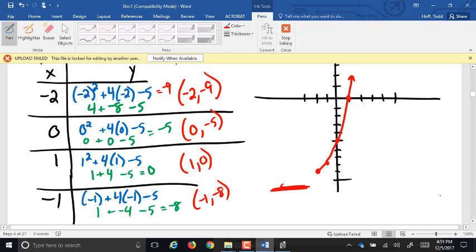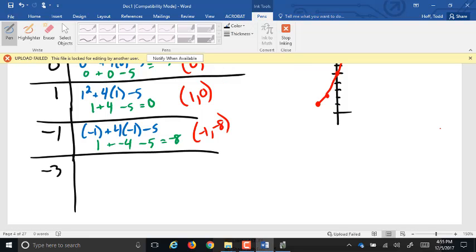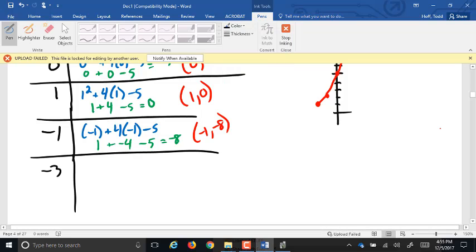So let's pick x is negative 3 and see what happens. So if x is negative 3, y is going to be, again, this is just coming from that equation, negative 3 squared plus 4 times negative 3 minus 5. Negative 3 squared is a positive 9. 4 times negative 3 is negative 12.